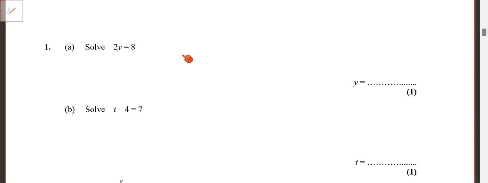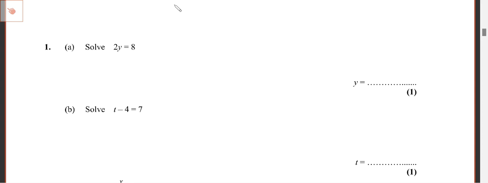Okay, so we are going to use inverse operations, but we're not going to lay it out like the function. We're going to try and up it to the next level, okay? So what does this tell me? 2 times something equals 8.